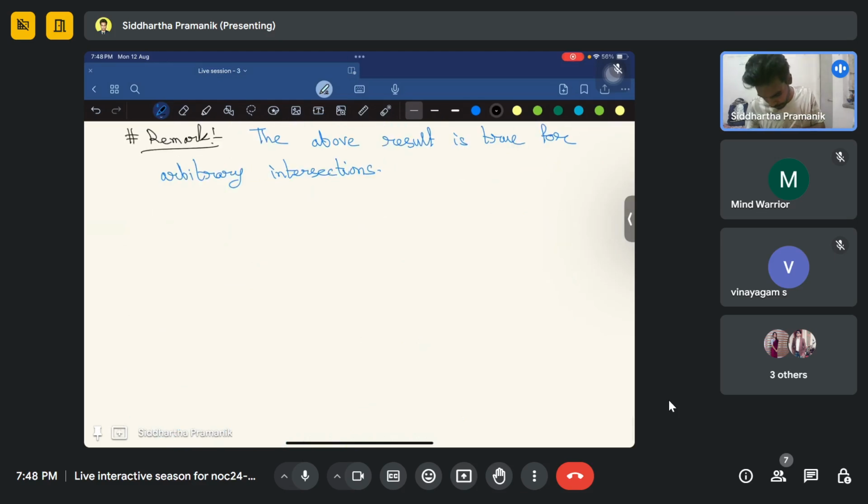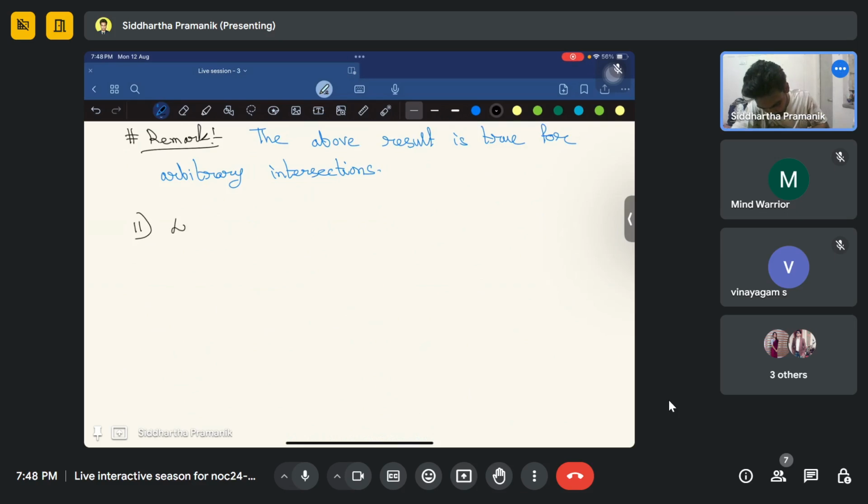So it is problem number 11. So this one is fairly easy but interesting. Let me write it down.